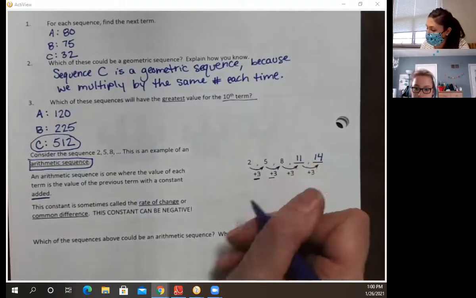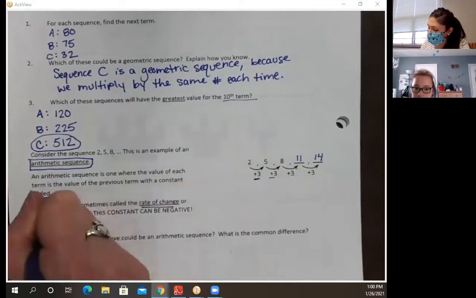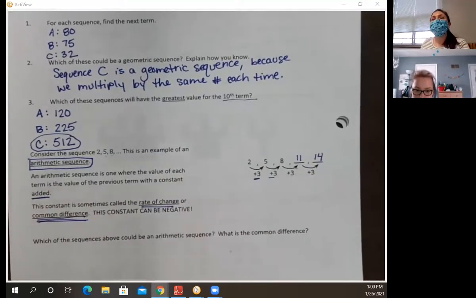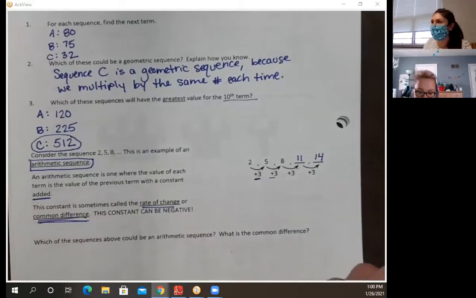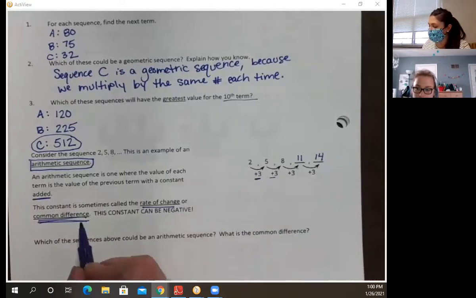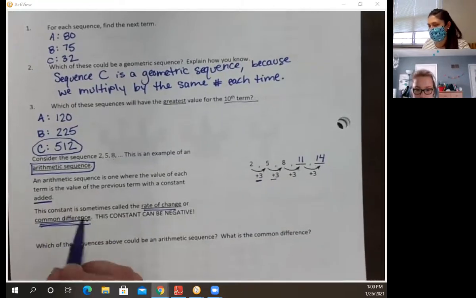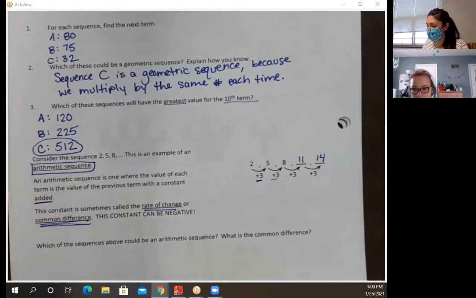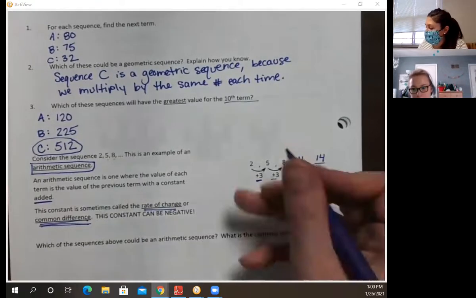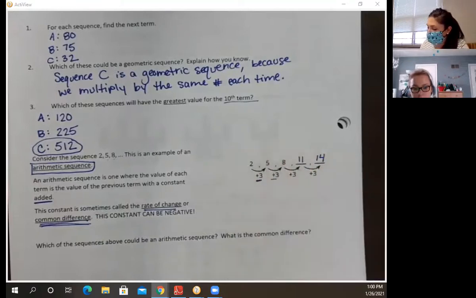That number that we add is called a rate of change or a common difference. With our geometric sequences, we used common ratio more frequently than that other term we had available. You could use either of these, but we'll primarily use common difference as we're working in our Unit 6 notes. So positive 3 would be our common difference for this sequence.